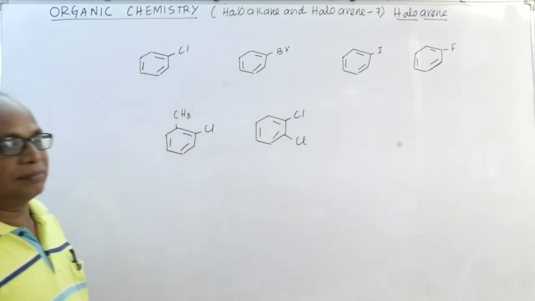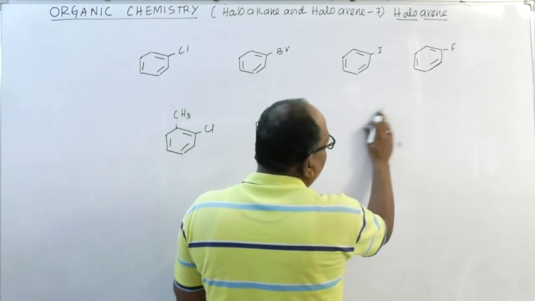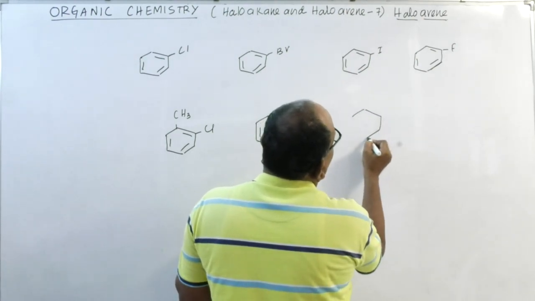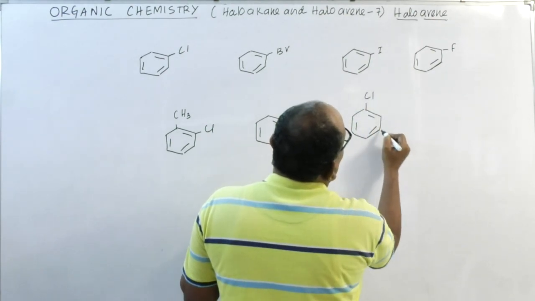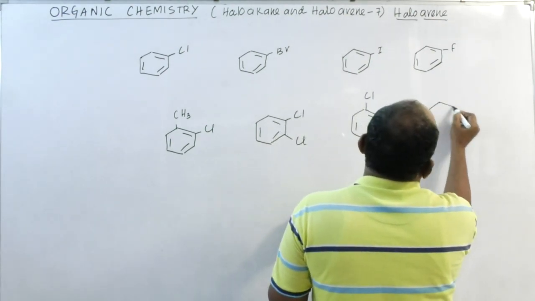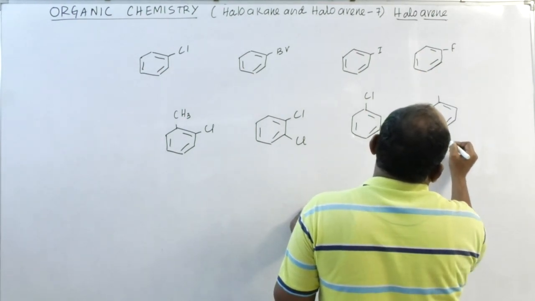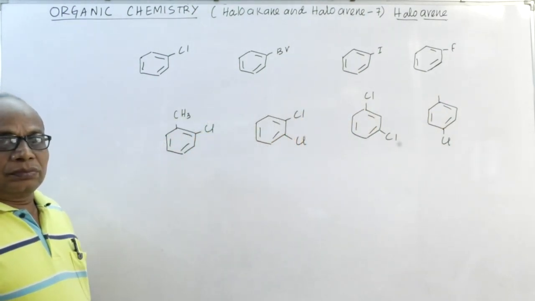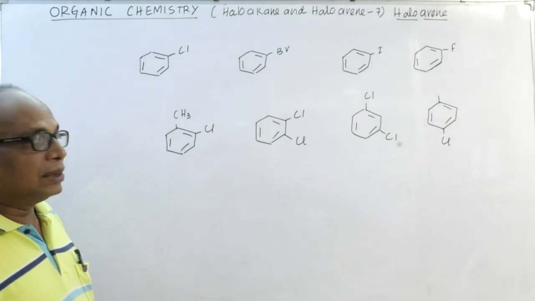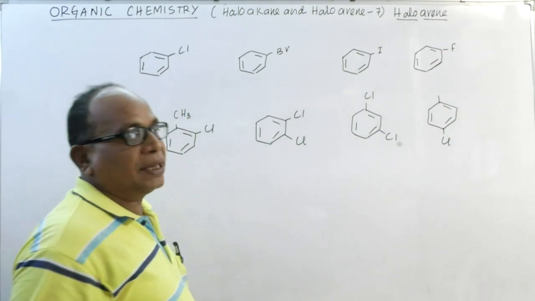This is called a dihalogen derivative, as there are two chlorine atoms, that's why it's called a dihalogen derivative, and there are trihalogen derivatives too. So these are the halogen derivatives of benzene.